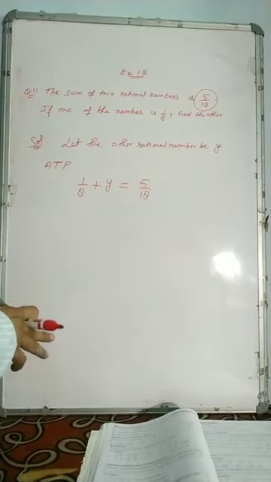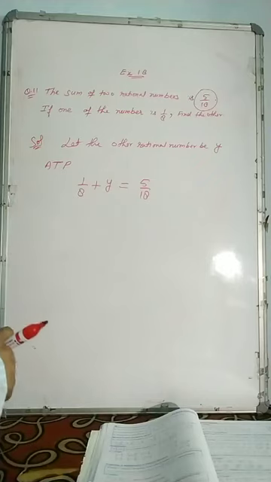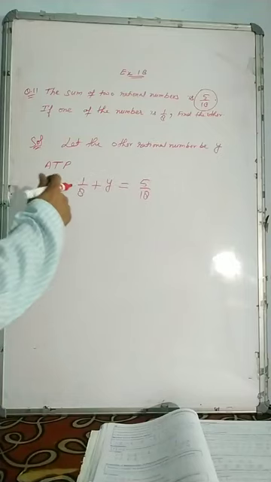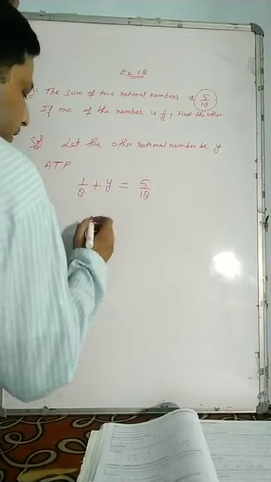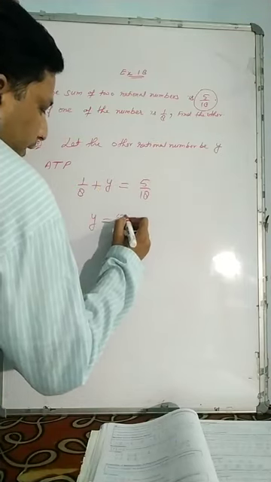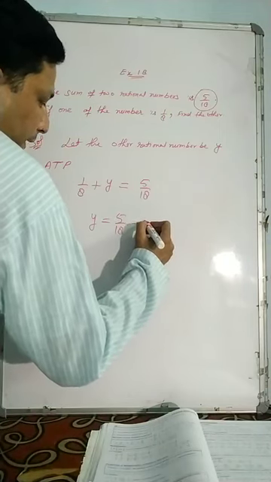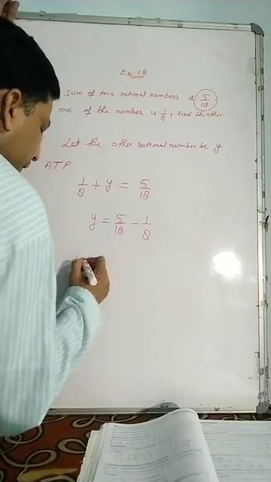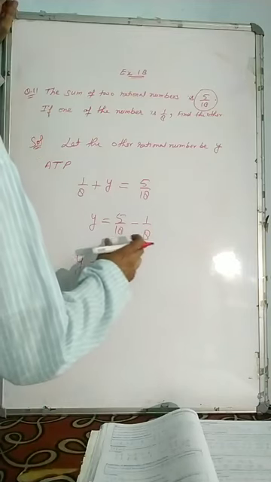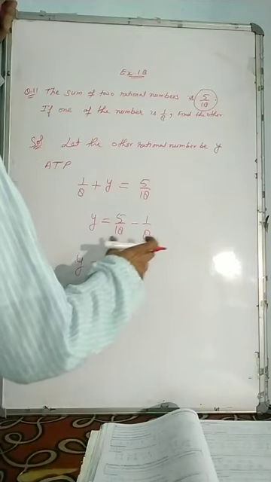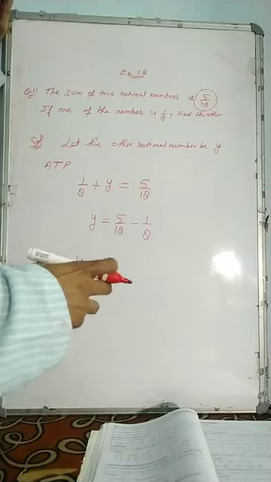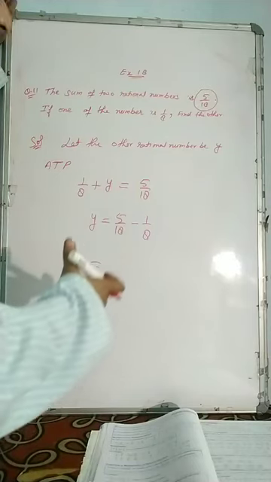Now look here very carefully, 1 upon 8 and 5 upon 18, they are like terms, so we will transpose this 1 upon 8 to the right hand side, and here it is positive, but after transposing it will become the negative rational number minus 1 upon 8. Now here you can see that both have different denominators, so you will convert them into the common denominator by using the LCM.